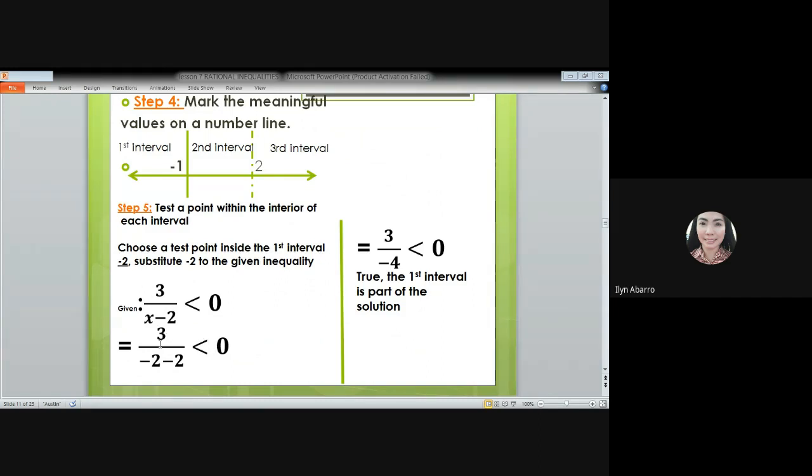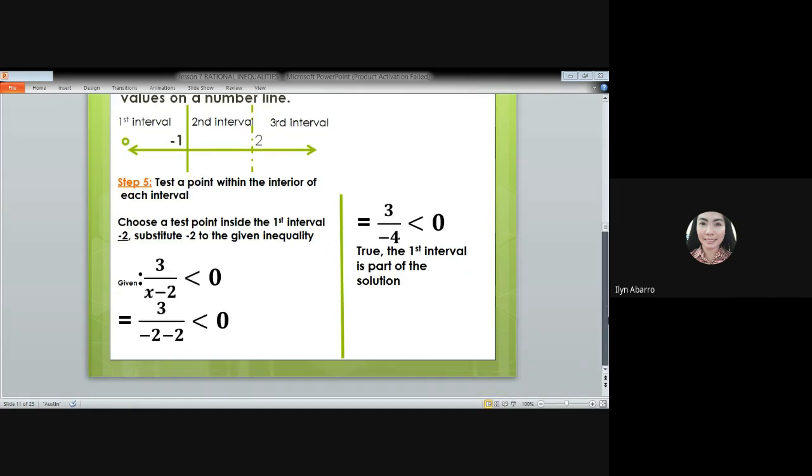We just substituted negative 2 for x. So, negative 2 minus 2 is negative 4. Then, it becomes 3 over negative 4 is less than 0. Of course, all negative numbers are less than 0. So, true. The first interval is part of the solution, from negative 1 to negative infinity.